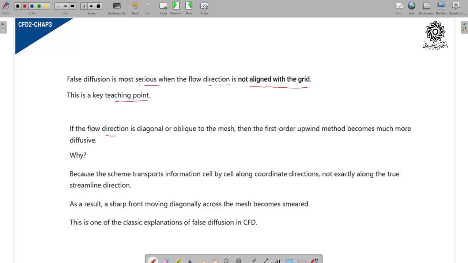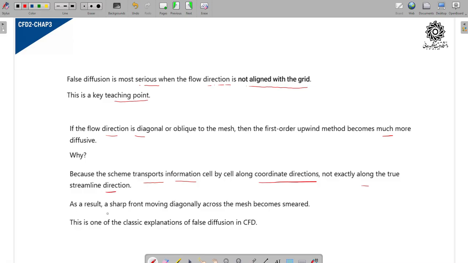If the flow direction is diagonal or oblique to the mesh, then the first order upwind method becomes much more diffuse, because the scheme transports information cell by cell along coordinate directions, not exactly along the true streamline direction.